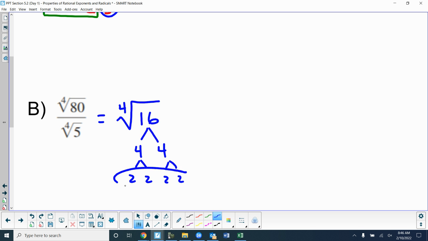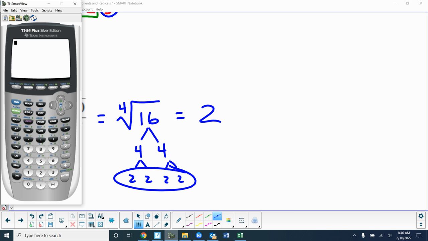I'm looking for a group of 4, so what's my answer? 2, right? So if you're using your calculator, that's fine with me. How do I get 4th root again? 4, math, 5, 80, divided by 4, math, 5, what was it, 5?